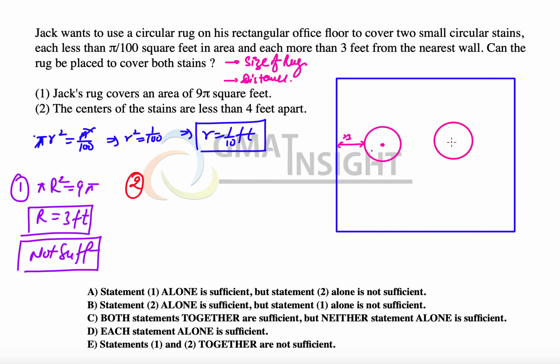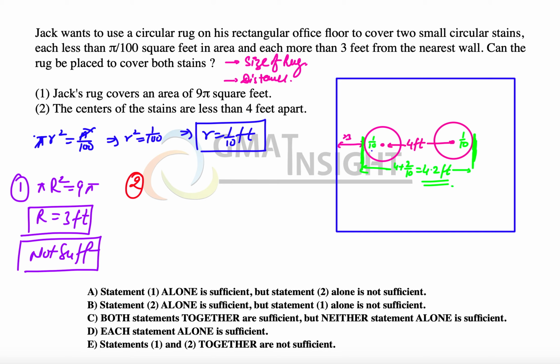So if I take the center here and the center here, the distance between them is 4 feet or less, which means the total distance between the two stains, the distance between this boundary of the stain and this boundary of the stain, cannot be more than 4 feet plus 1/10, because this is 1/10 of a foot and this part is also 1/10 of a foot, equal to the radius. So this whole distance will be 4 plus 2/10. That 2/10 means 1 over 5, which means 0.2, so that means 4.2 feet. That means the distance between the two stains is less than or equal to 4.2 feet.